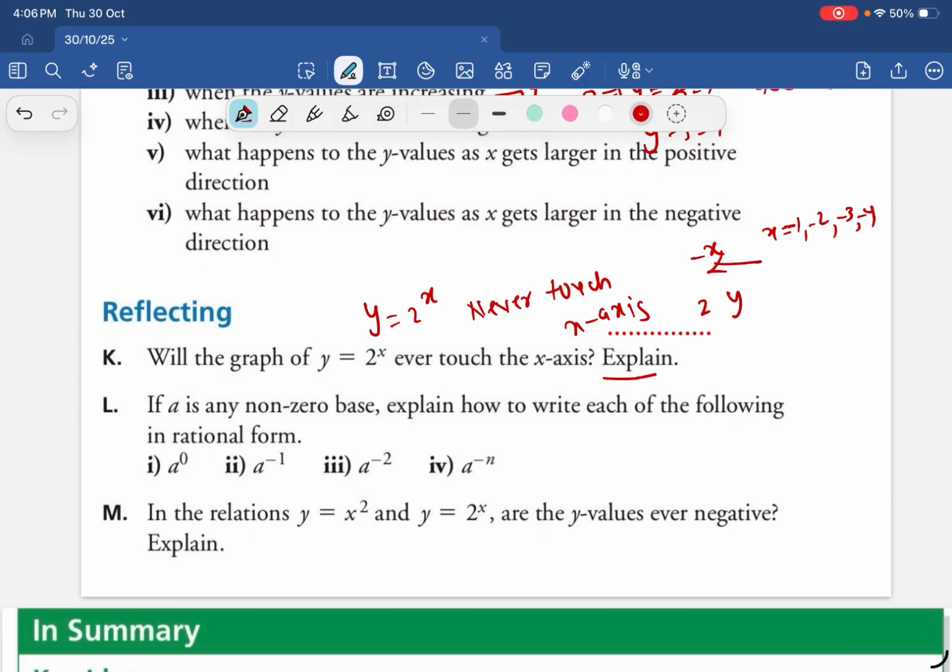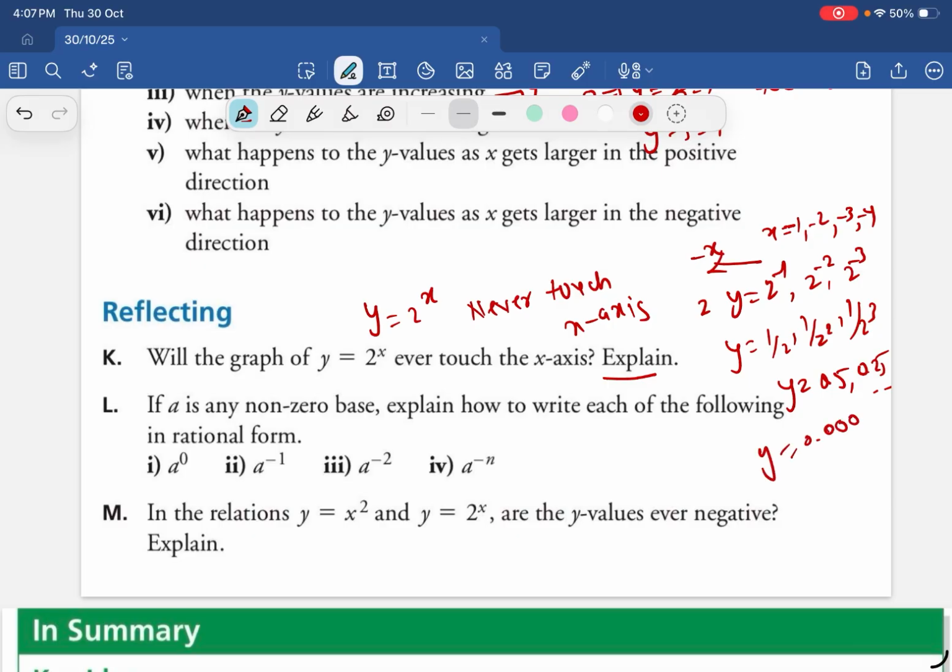So write it like this: y equals 2 to the power -1, 2 to the power -2, 2 to the power -3. Okay, so y equals 1 over 2, 1 over 2 to the power 2, 1 over 2 to the power 3. y equals 0.5, 0.25 and so on. At some bigger values, the y value is 0.00000 like this, but it is never going to be 0. Okay, so you can explain this.